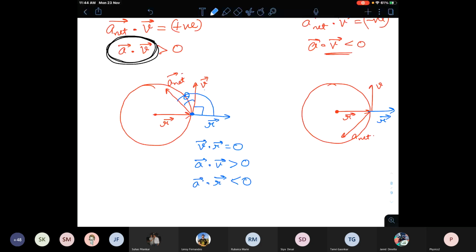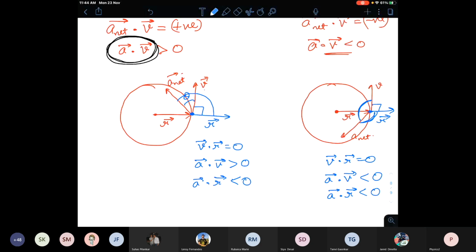Again, v and r are at 90 degree, so v dot r will be 0. Again, a dot v is obtuse here. You can see it is obtuse angle, so it will be negative. A dot r, just see the angle between a and r is again obtuse, so it is again negative.